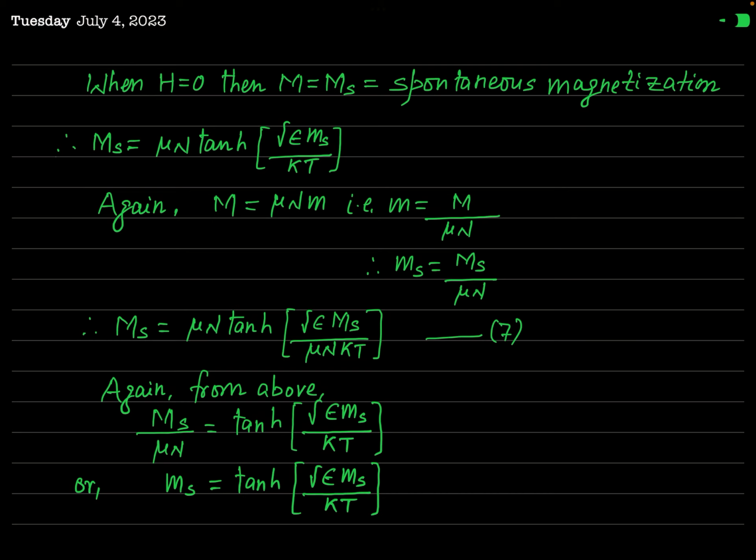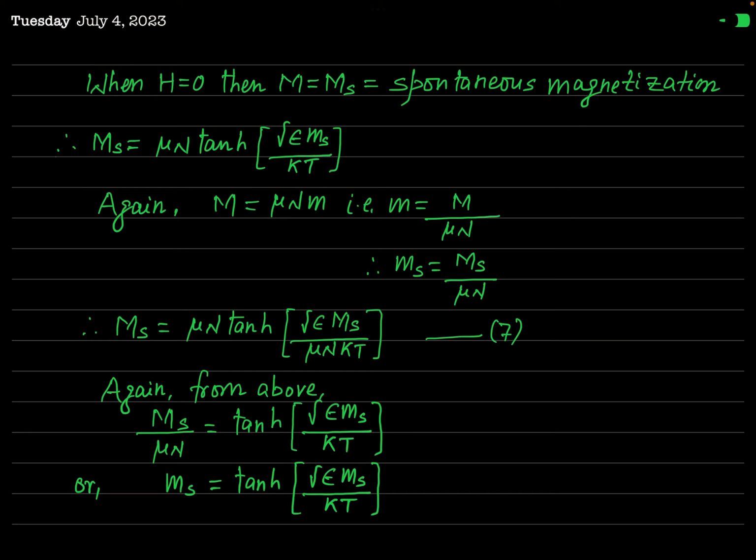Now you know that when the magnetic field is removed, in the case of a paramagnetic substance the magnetic moment instantaneously vanishes. After removing the magnetic field, there is no magnetism in a paramagnetic substance.